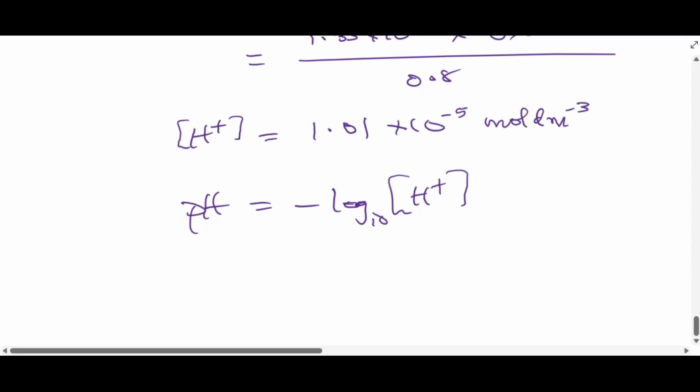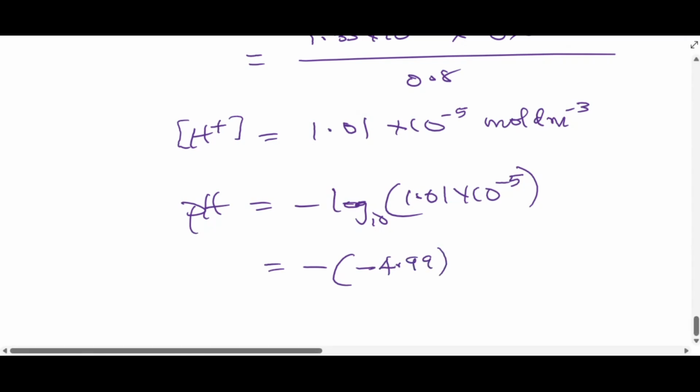We know that the concentration of hydrogen ion is 1.01 times 10 to the power of minus 5. If you press your calculator, you're going to get 4.99. So this is the pH of this buffer solution.